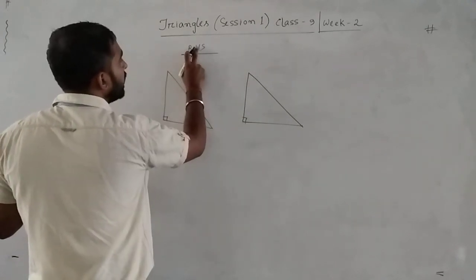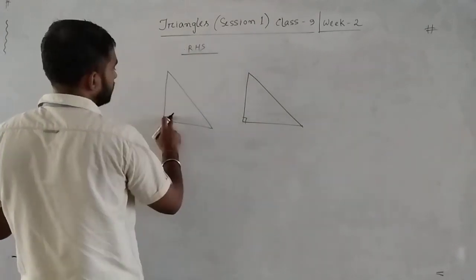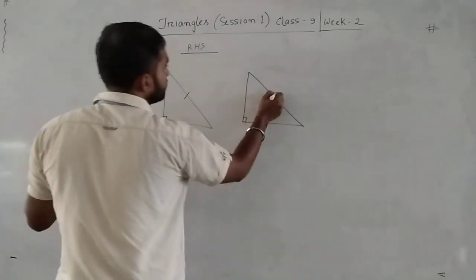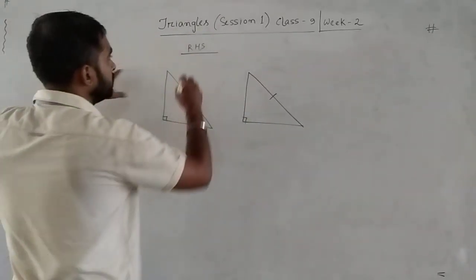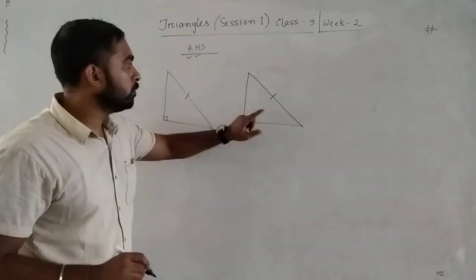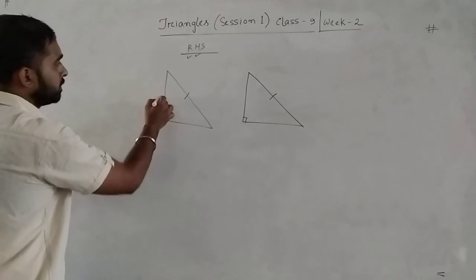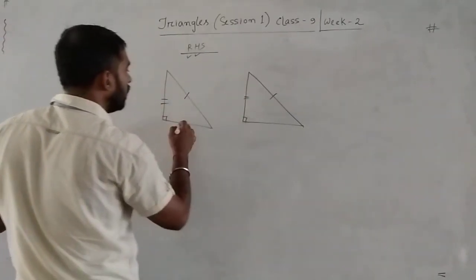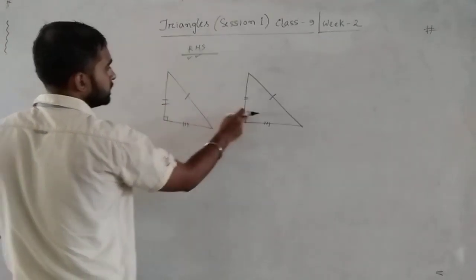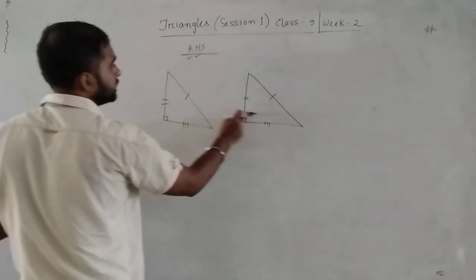Suppose angle B is the right angle. Then the hypotenuse must be equal. Then, out of the other two sides, any one side will be equal. Suppose this side equals this side, or this side equals this side. Then also it is RHS.